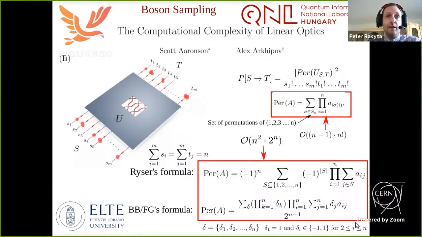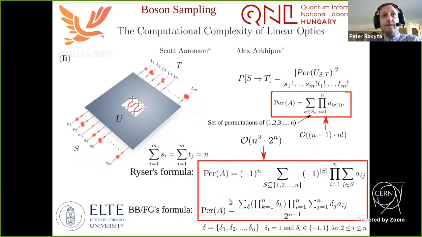And here at the bottom are shown the most powerful mathematical approaches to calculate the permanent. There are two independent formulas, the Ryser formula and the BB/FG formula. These are the initial letters of four people.